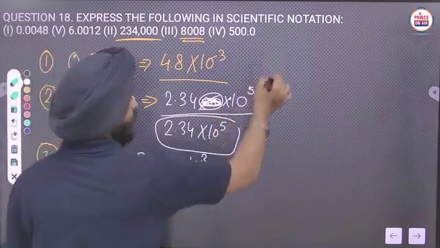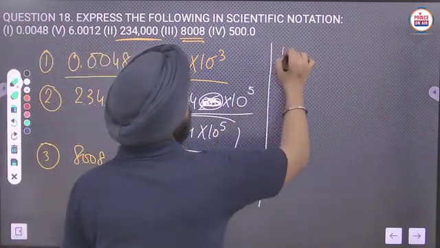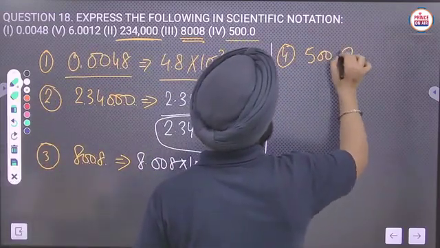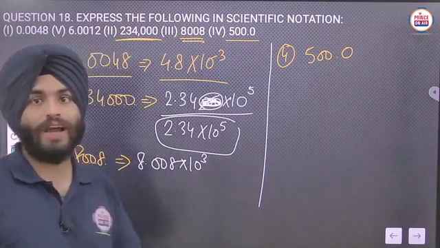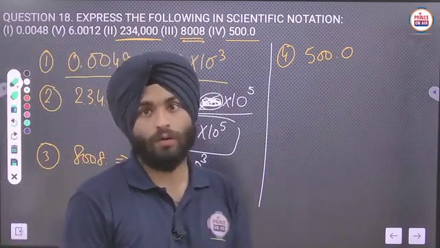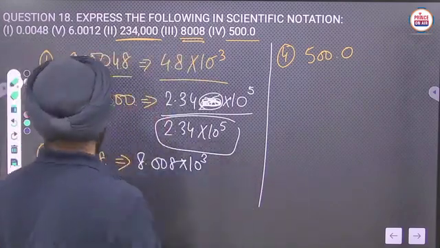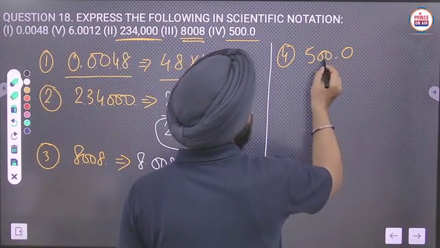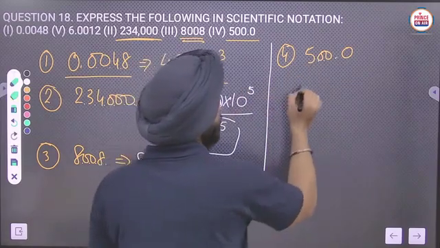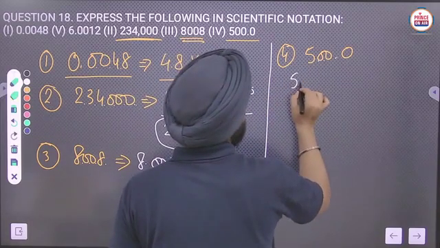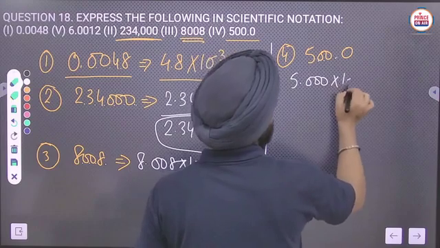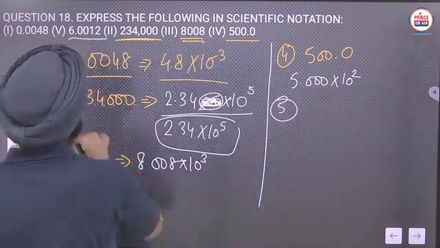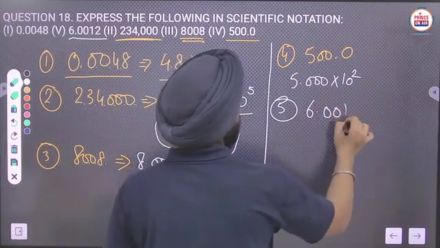Then the fourth one is 500.0. Now the point is here, so we have to write all the zeros. The point was shifted 1, 2 steps, so 5.000 into 10 raised power 2. Next question is 6.0012.